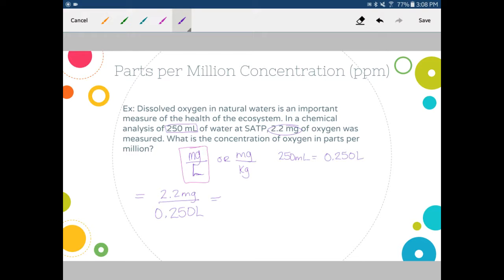When we divide 2.2 by 0.25 of a liter, we get 8.8 milligrams per liter, or we can call this 8.8 parts per million.